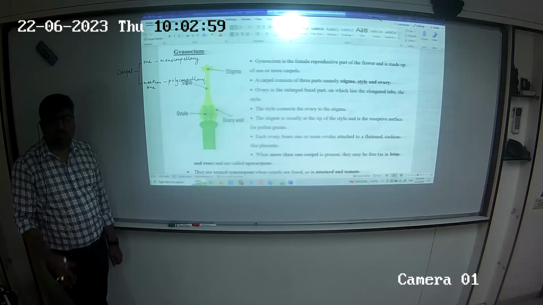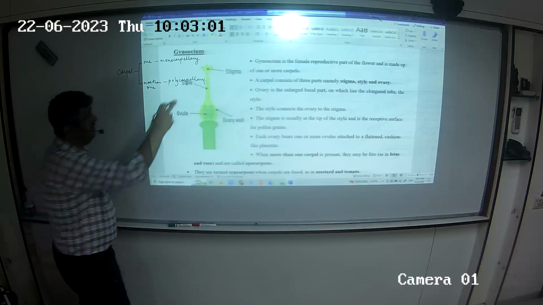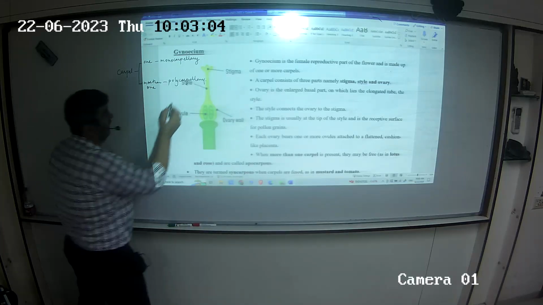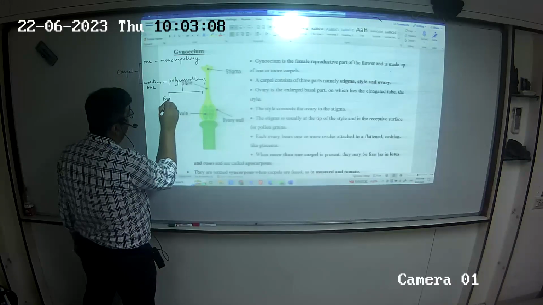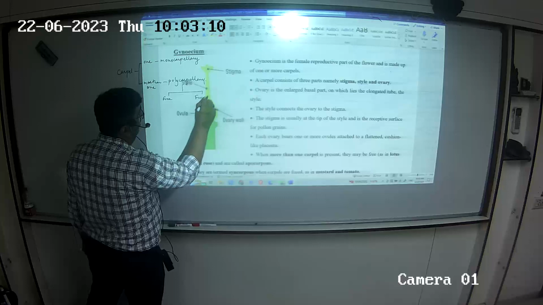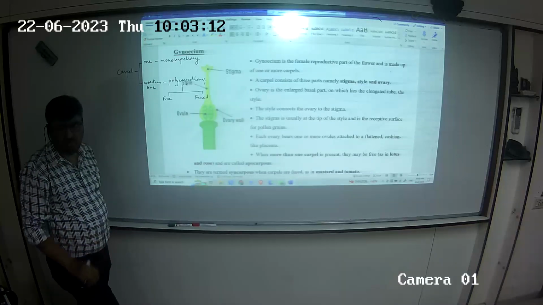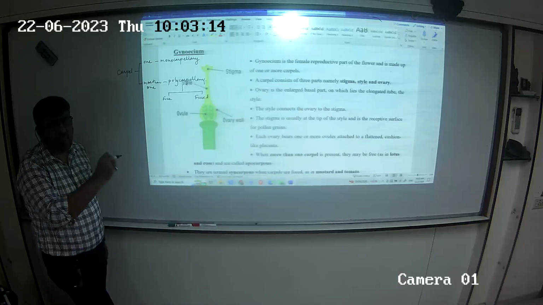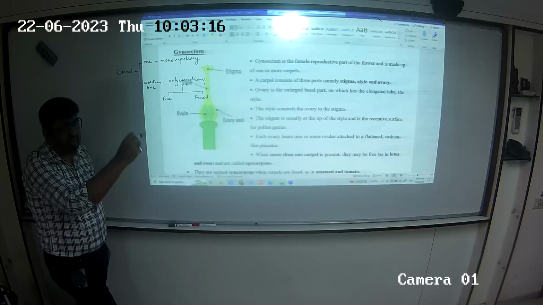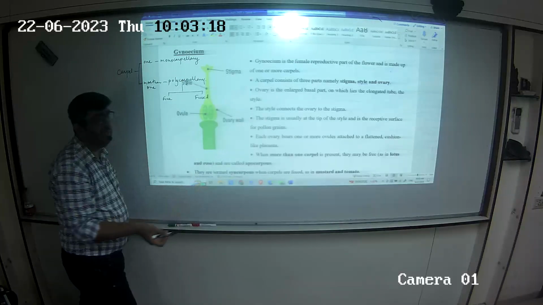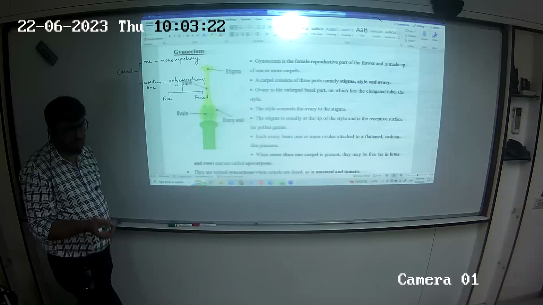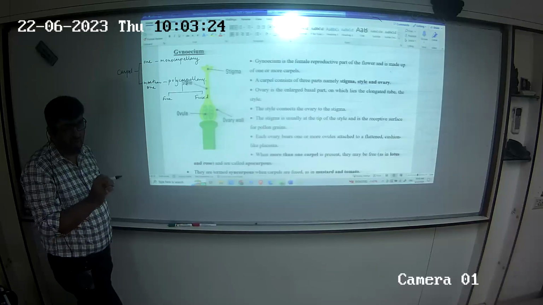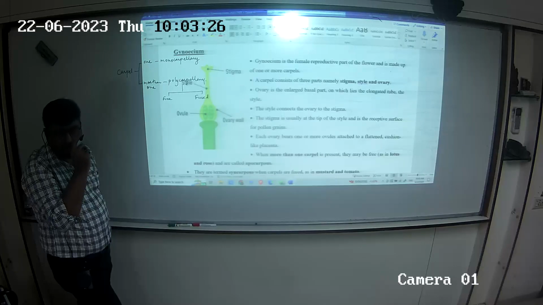If there are more than one carpels, that is the polycarpellary condition. Is there a possibility that all these carpels either can be free or can be fused? The free or fused condition cannot occur in monocarpellary. In a single carpel, what is free or fused? The condition can only be applicable in polycarpellary.